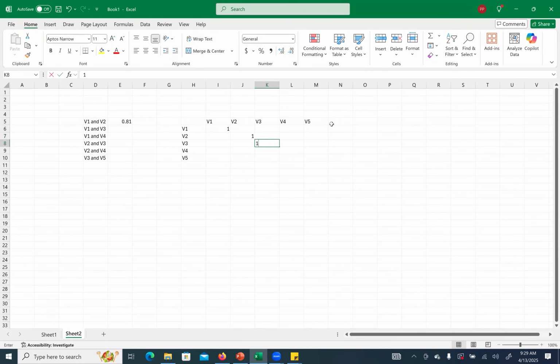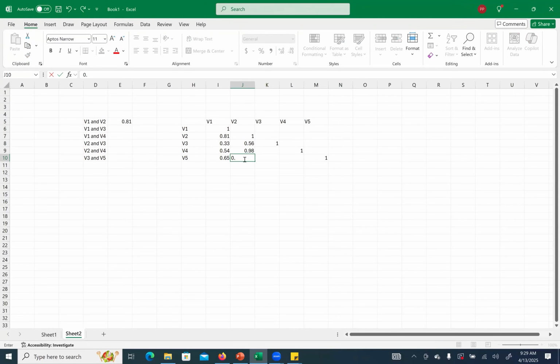For example, this will always be 1, and let's say this is 0.81, this is 0.33, and similarly some values will be there. So now using this matrix, whenever I want to know the correlation between variable 1 and variable 2, this will be the correlation value. Okay, so it becomes easy to follow, this kind of a matrix you will have.